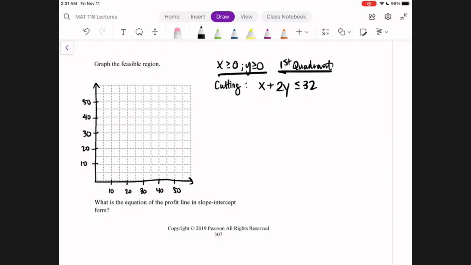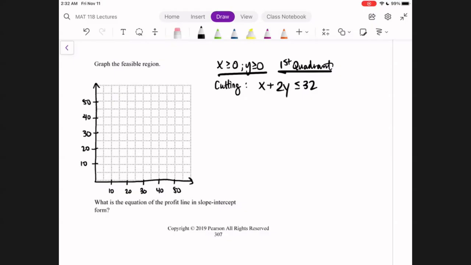To plot this first one, if you practice from before, you could draw this on Desmos, so just practice with that. But just remember, if I want to draw this here, you could get the intercepts. If your MyLab doesn't let you graph the intercepts to graph your line, always pick 2 points that you can see.